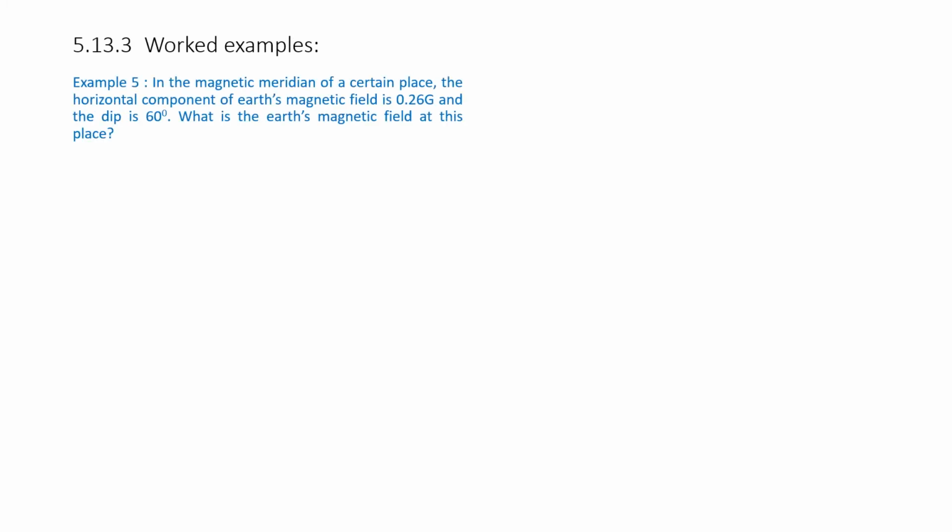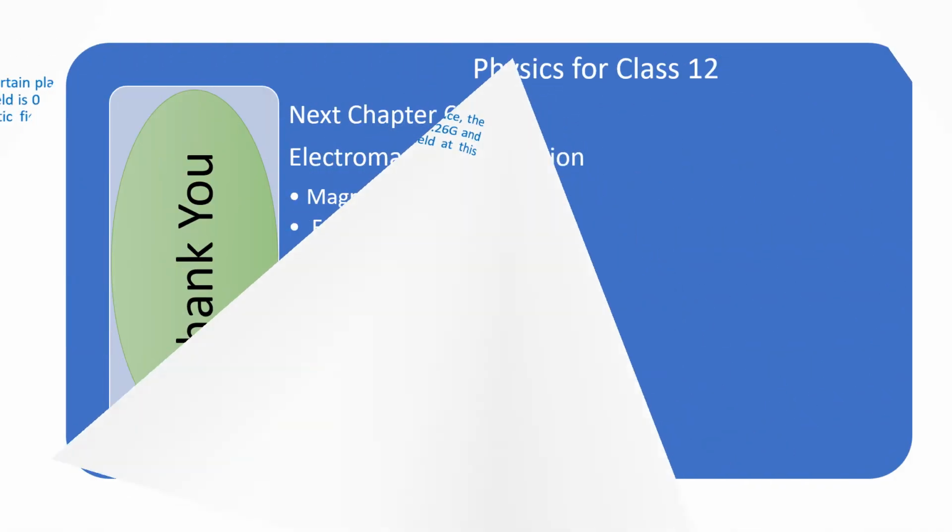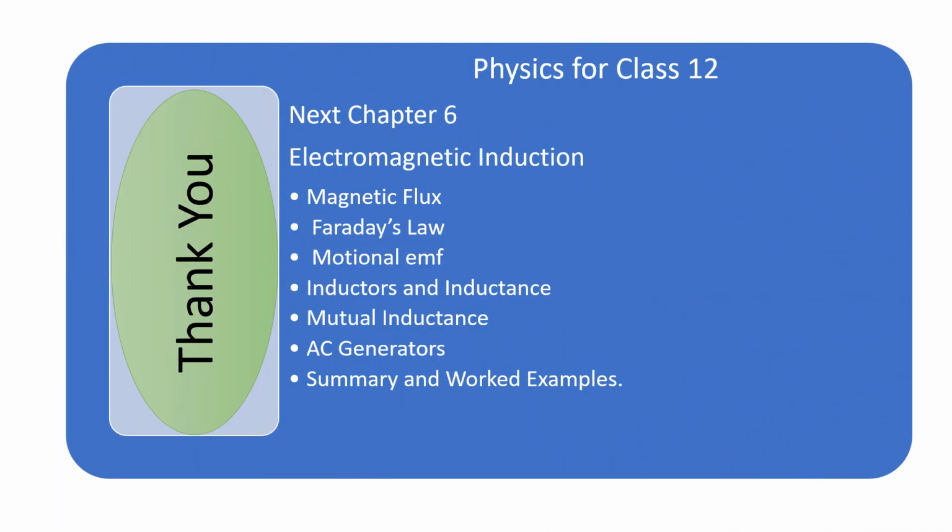Example 5. Please read it carefully. With this, we come to the conclusion of chapter 5 on magnetism and matter. Please go through all the important points discussed in the chapter, sections 5A and 5B, and note down all the points.